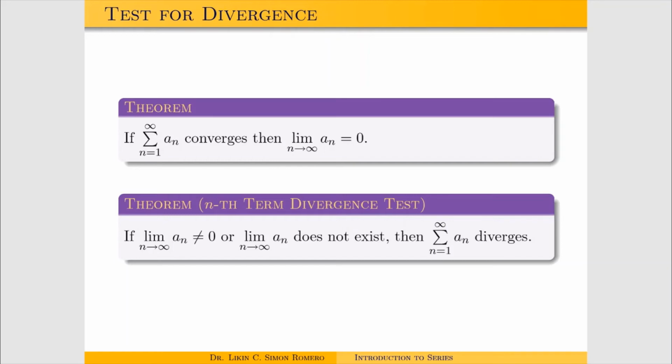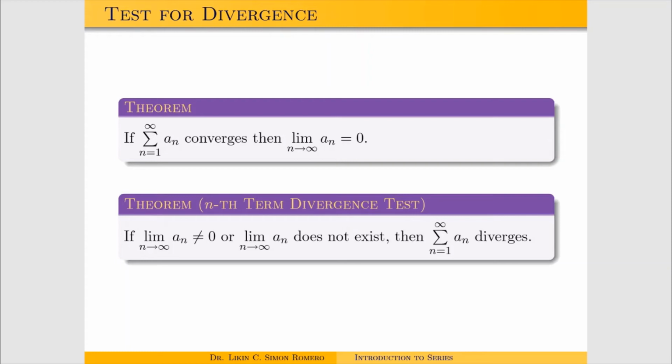The second part of this theorem is related. What this says is if the sequence does not approach 0, or the limit does not exist, then the series must diverge.